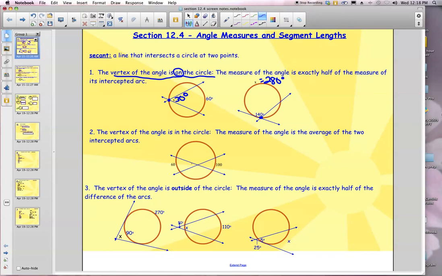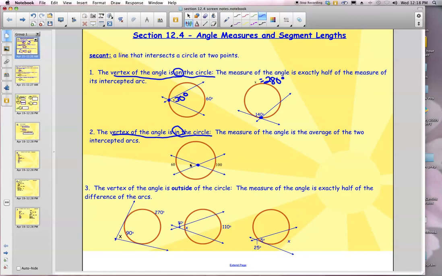The second kind of angle that we're going to work with is when the vertex of the angle is in the circle. In other words, that corner point is on the interior of the circle. The relationship for that is that the measure of the angle is the average of the 2 intercepted arcs.